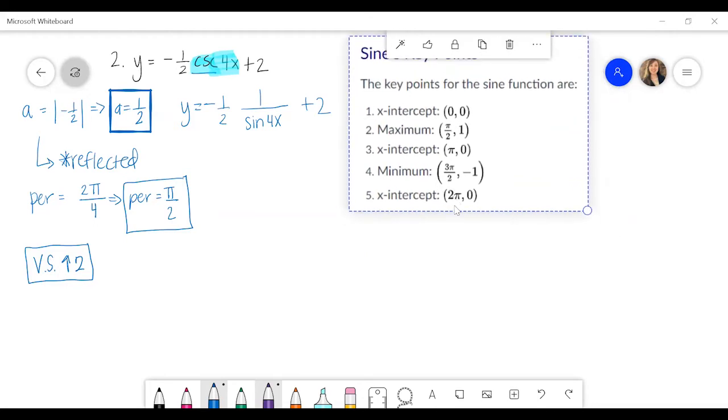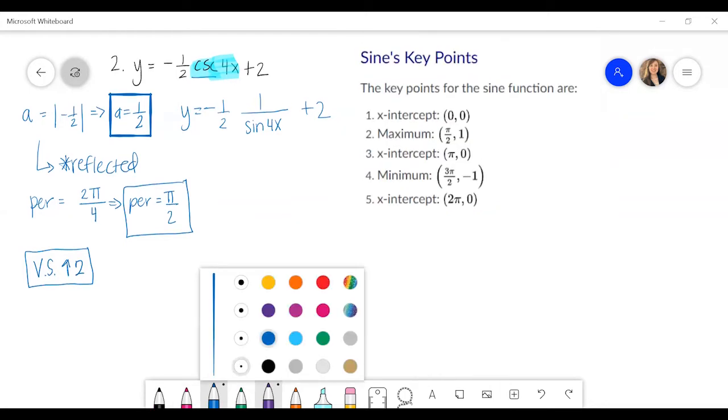Okay, so our normal starting place is at 0, 0, and that is not going to change with the period. At least the x part is not going to change with the period. It'll only change if there is a horizontal shift, right? So we're still starting at 0.